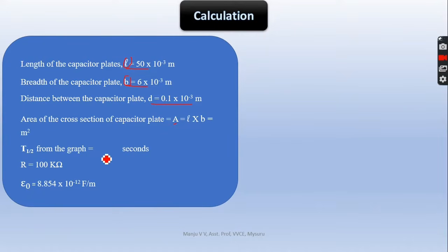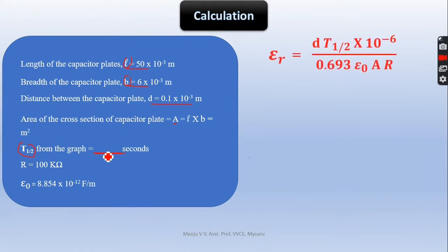T half you will get from the graph. The resistor value is given, and epsilon naught is the permittivity of free space, 8.854 into 10 power minus 12 farad per meter. Here T half is the time required for 50% of charging or discharging. The only thing you don't know here is T half.